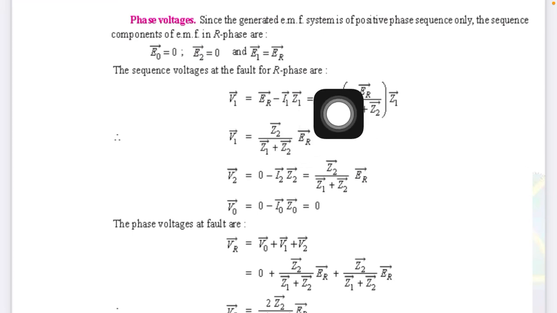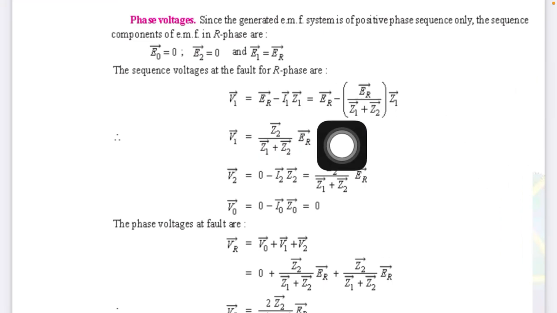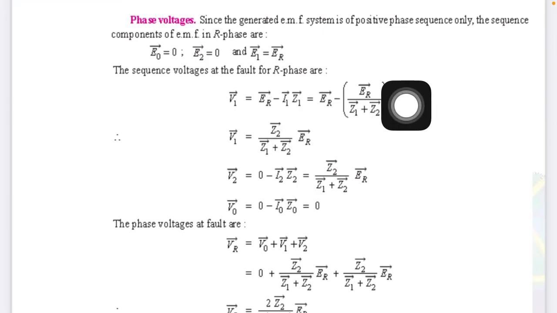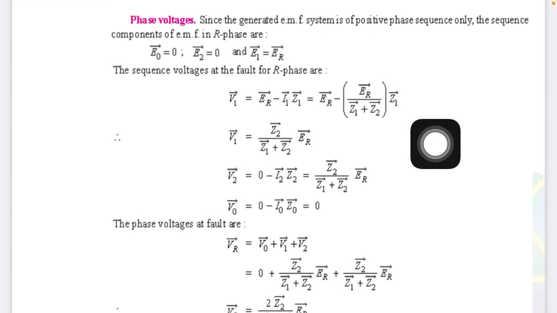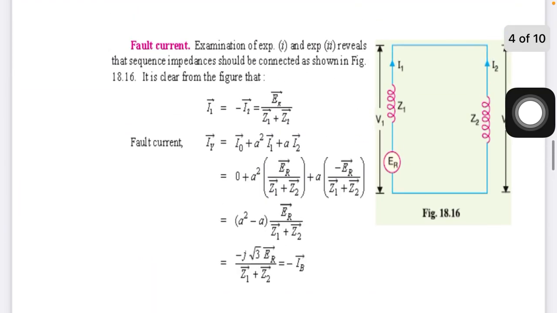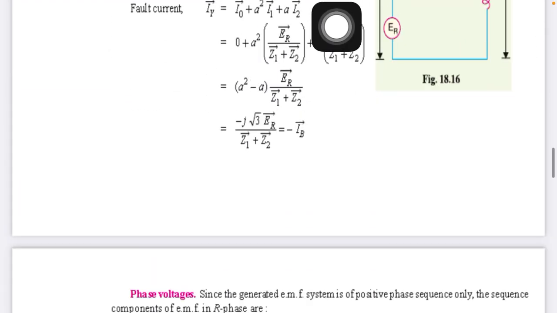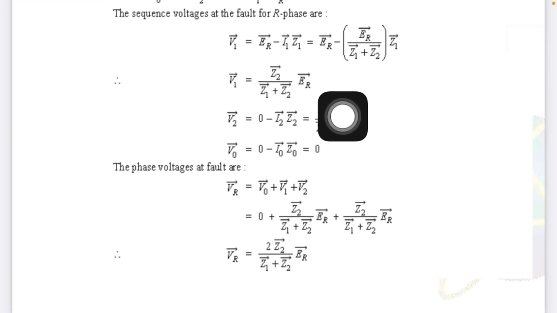We simply apply KVL: ER minus, placing the I1 value, ER divided by Z1 plus Z2 into Z1. That is the value of current we got over here. So V1 is equal to Z2 divided by Z1 plus Z2 into ER.